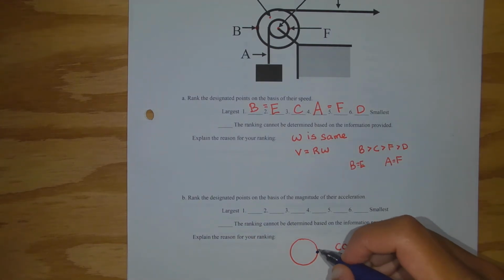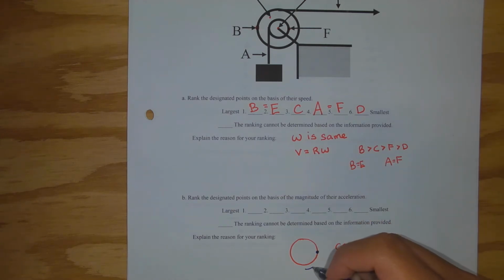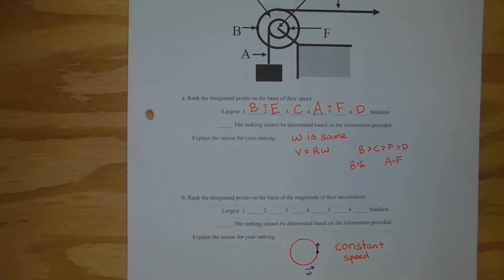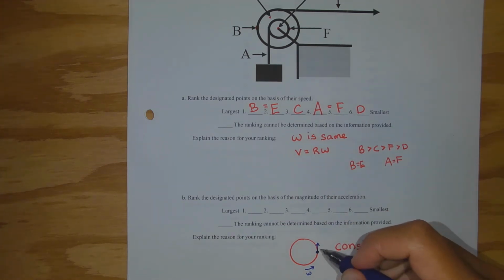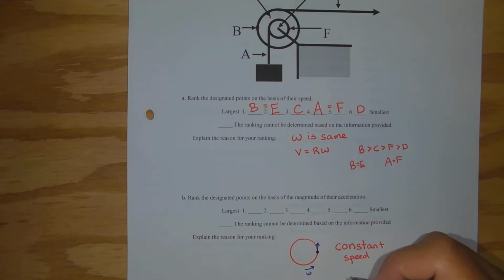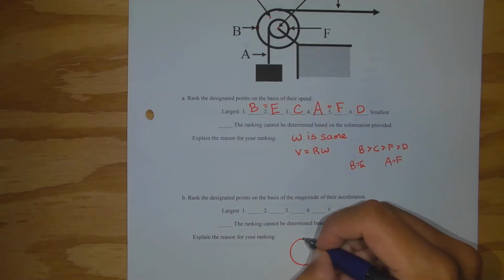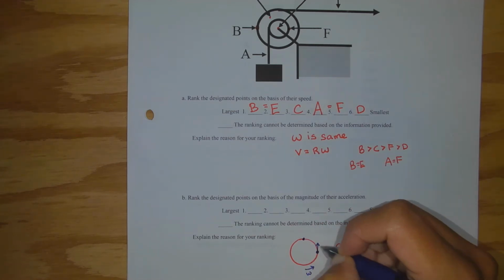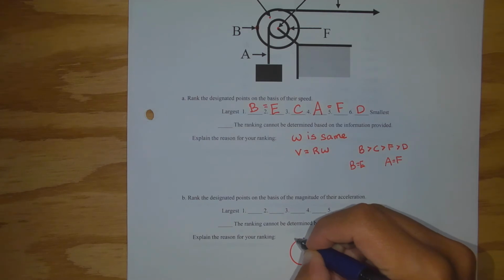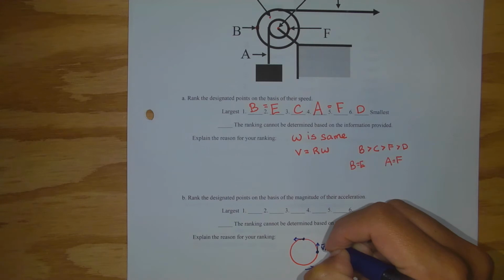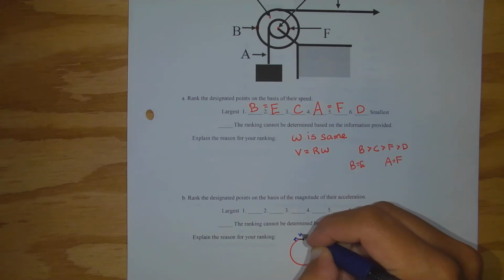When the little ant is here, and let's say the wheel is rotating this way, the speed of the little ant has some value, and that is the length of our velocity vector here, and it's pointing tangent to the circle at this point, so that's straight upward. When the ant gets here, because it's a constant speed, the length of this vector should still be the same, but now the ant is moving this way, so let's call this V1, and we'll call this V2.